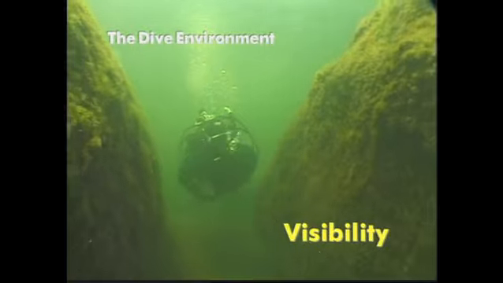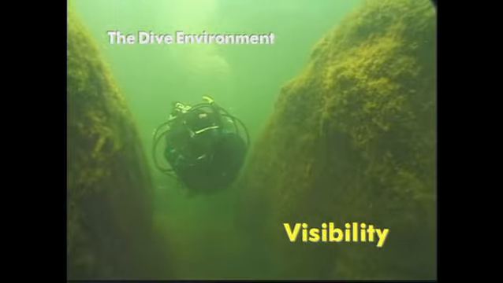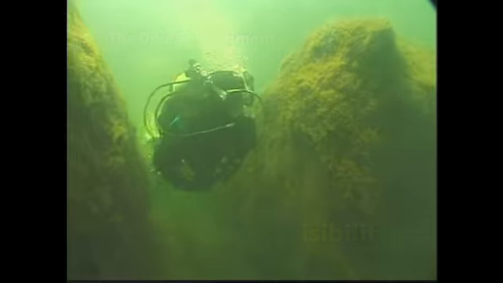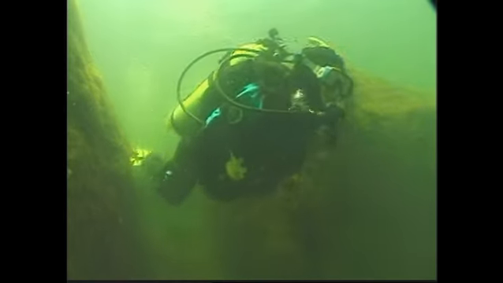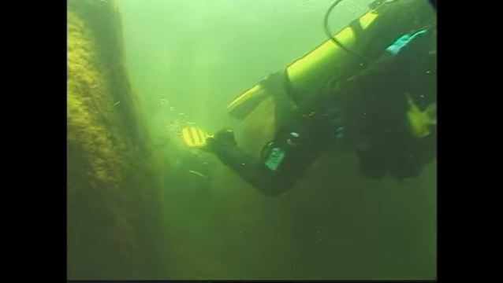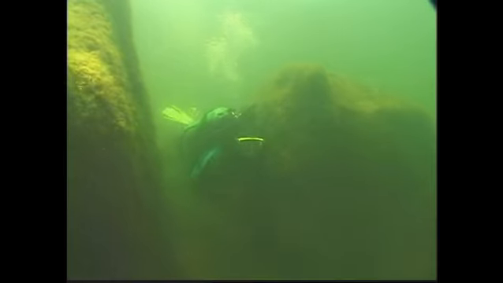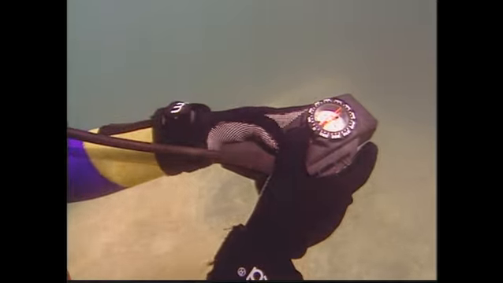Visibility affects the diving so much, it's often the first thing you want to know about the dive site. Lots of variables affect visibility: water movement, weather, how easily you stir up the bottom, and so on. Limited viz makes it more difficult to keep track of your location and your buddy. You handle this by using your compass and other clues to navigate, and by staying closer to your buddy than you otherwise might.